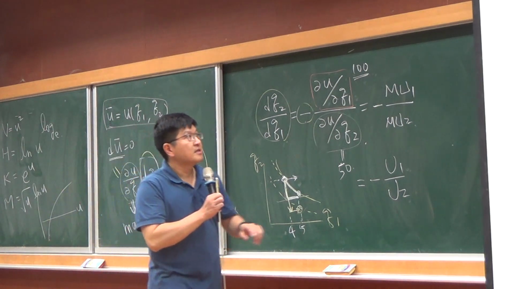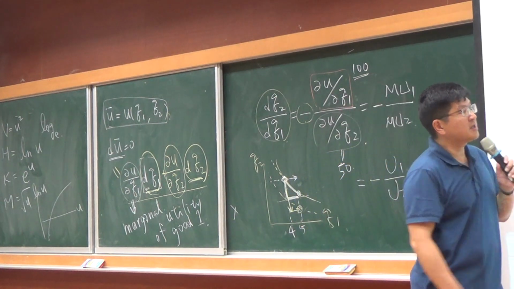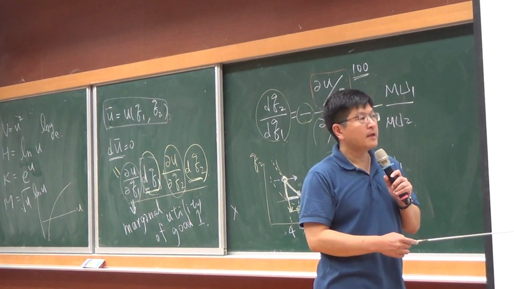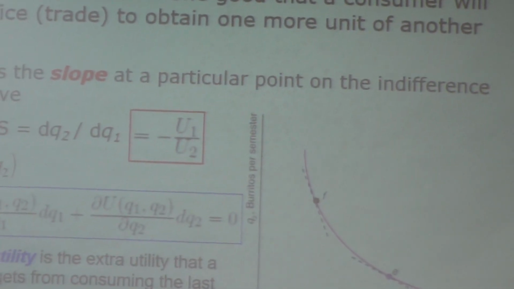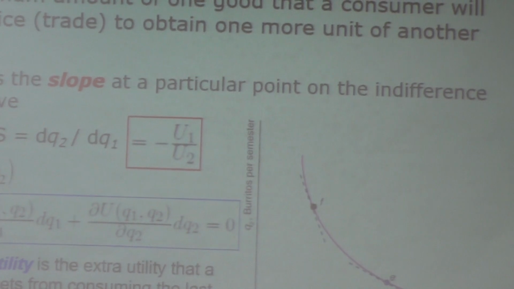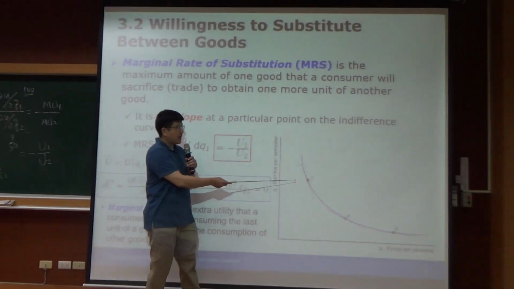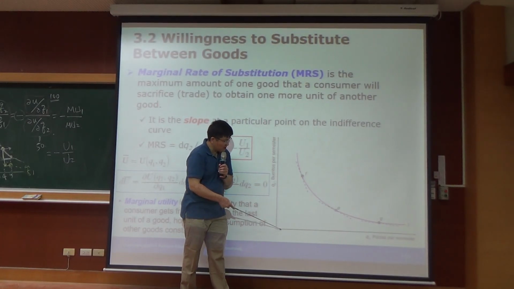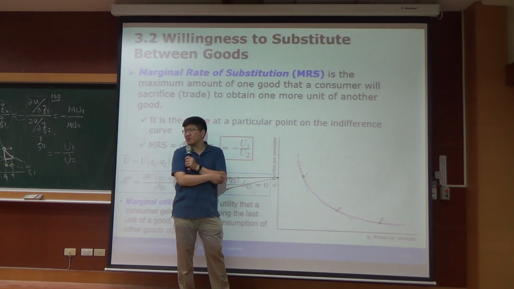So we call this marginal rate of substitution. It is the slope at a particular point on the indifference curve. So the slope may change. The slope here, at point F, the MRS. So the absolute value of the MRS may decrease, and there is a reason for this. Think about this. At point F, I don't have too many pizzas, but I have a lot of burritos, right?